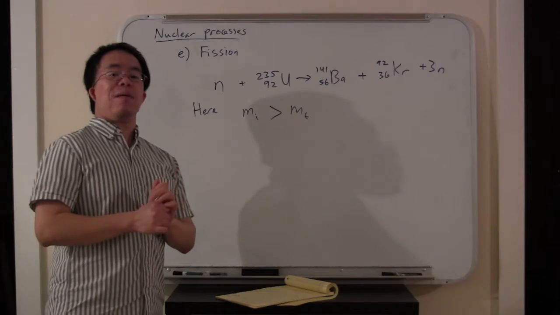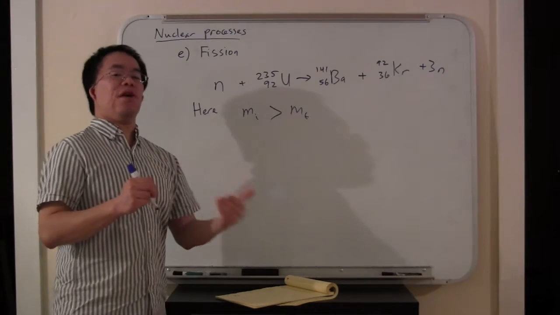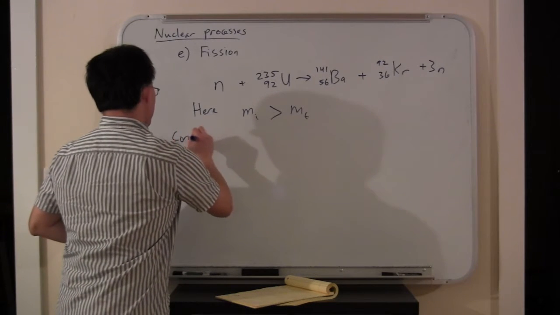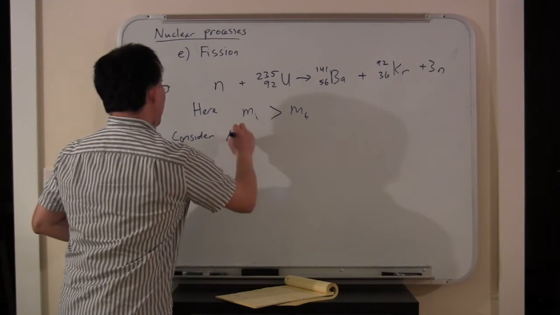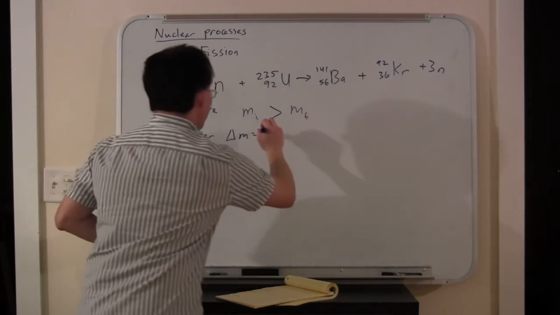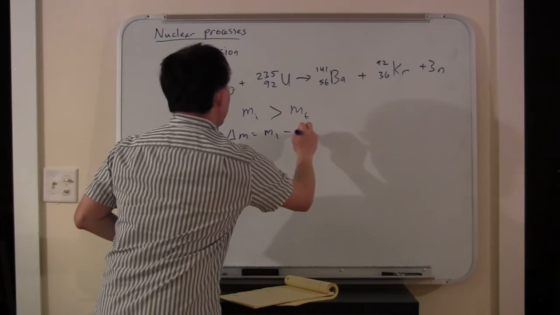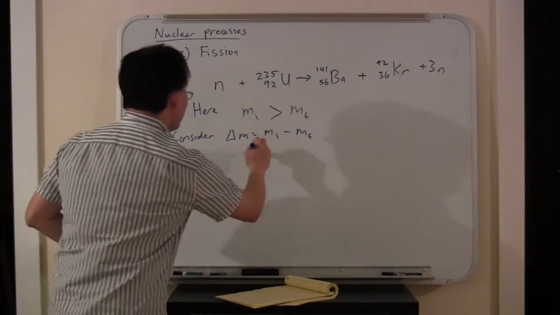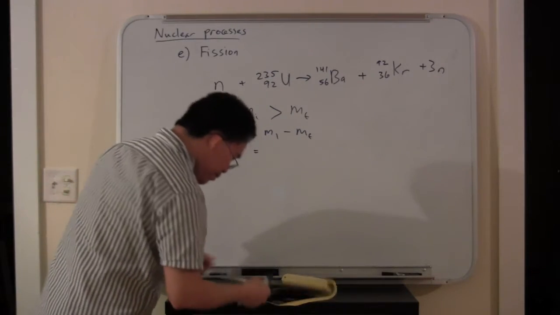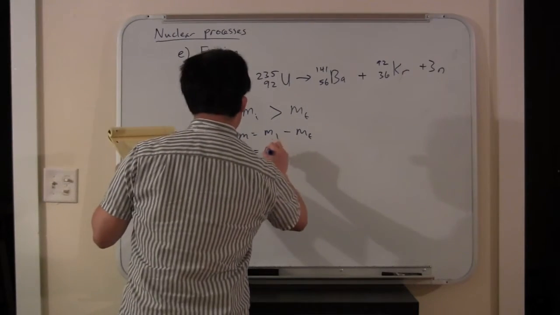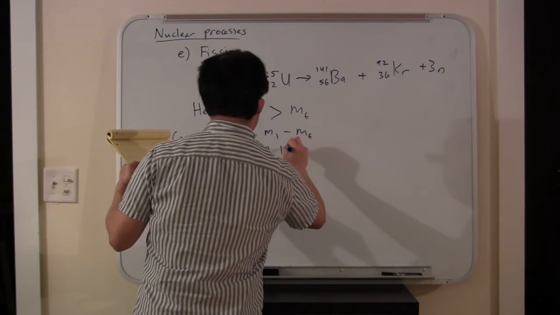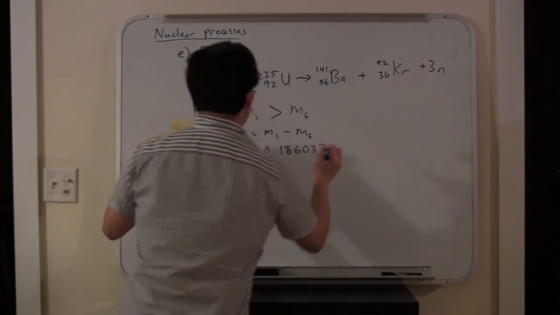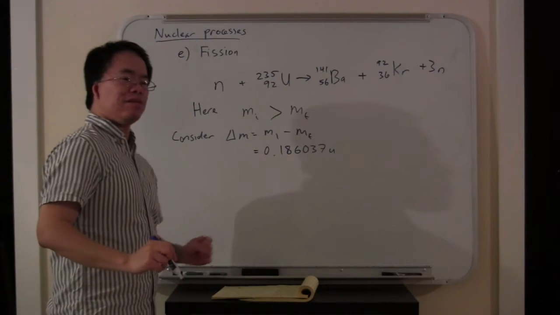So we can think about how much energy is released in the following way. We can look at delta M, which is the final minus the initial mass. If you go through the calculation, the result that I got is 0.186 and change unified mass units.